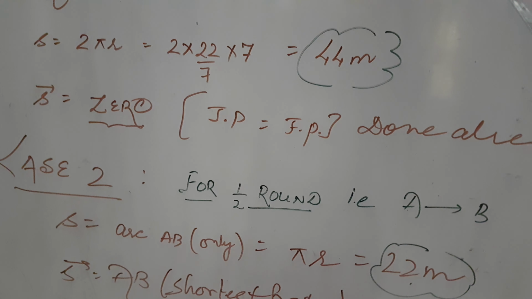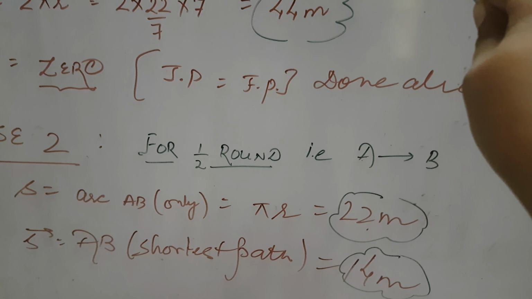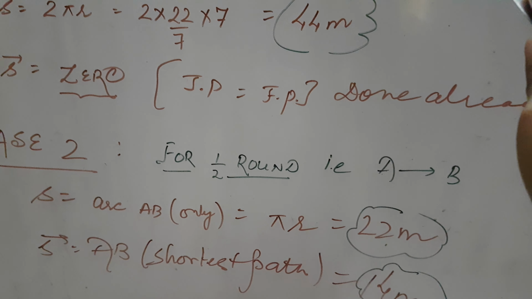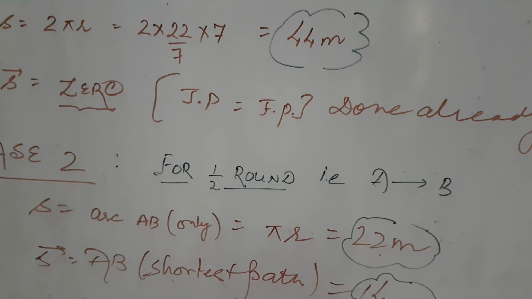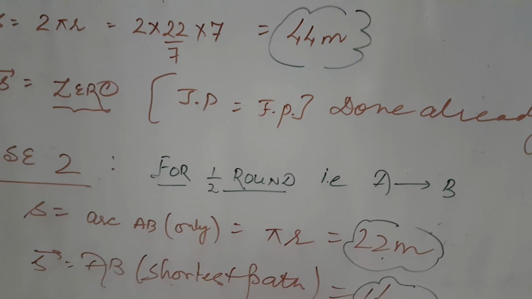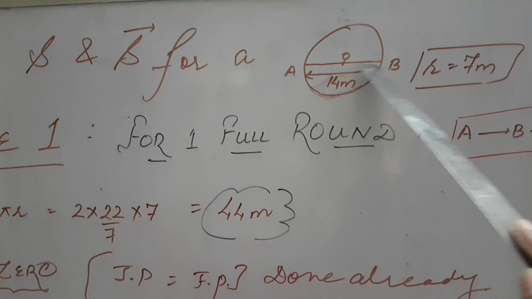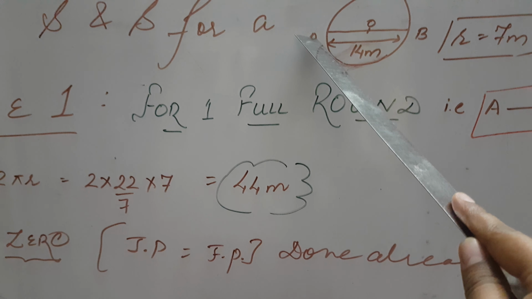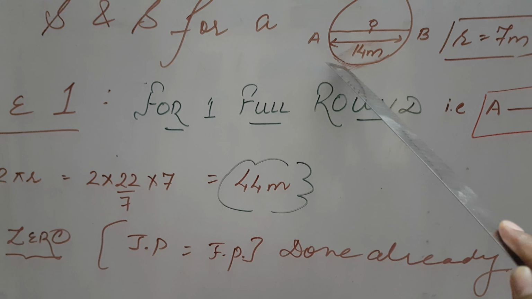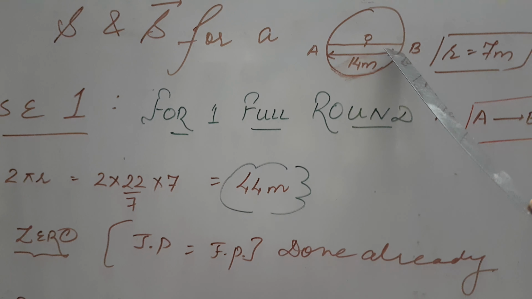Now let's come to the displacement part. As I have told you earlier also, displacement is the shortest path. If a body wishes to reach from A to B, it has many options, but the shortest path is just A to B. He or she can take any of the paths, but the shortest path will be taken as displacement.